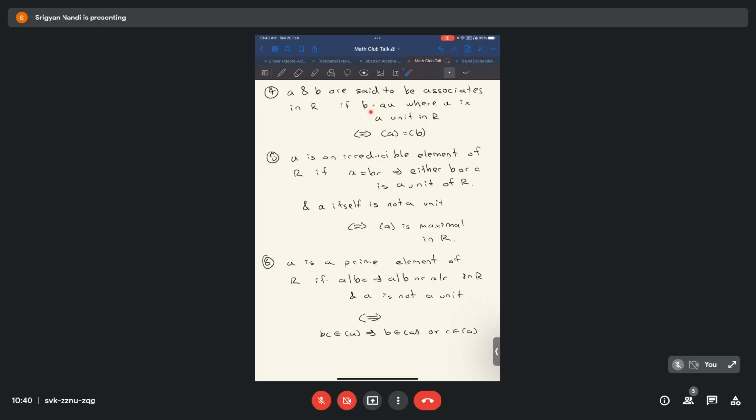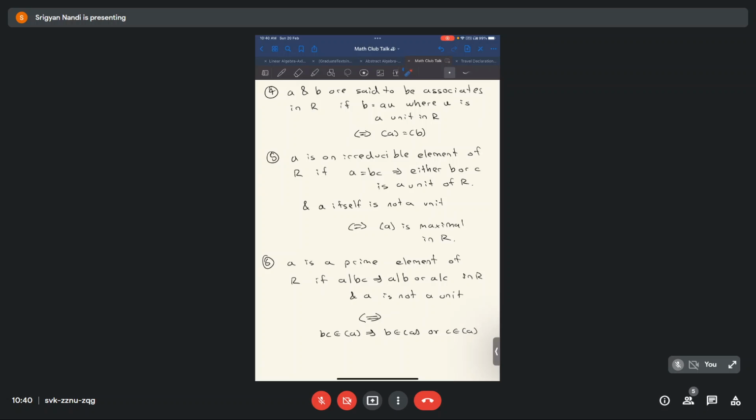So when two elements are associates, B and A are also practically indistinguishable in many properties. That notion is further strengthened by the fact that if A and B are associates, then the ideals generated by A and B are the same.